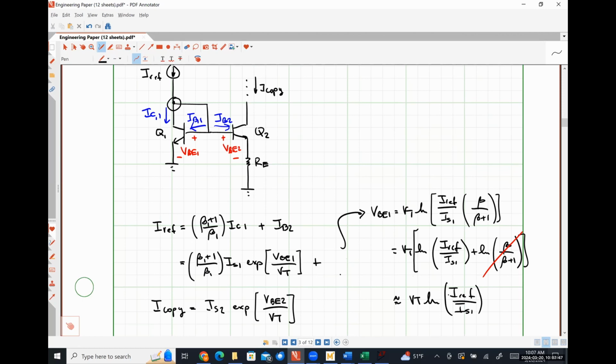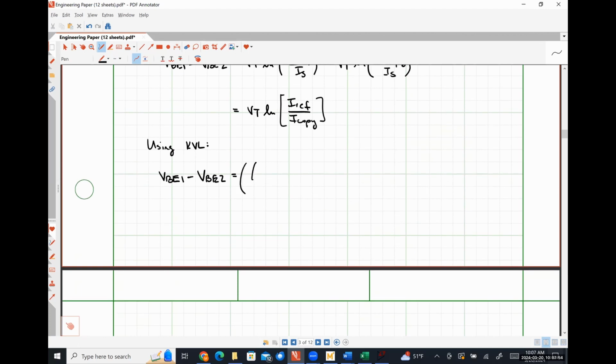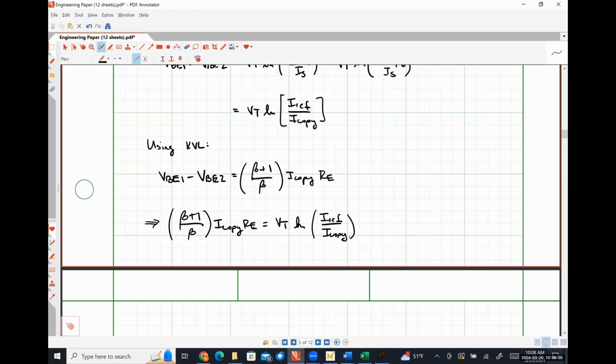I copy times beta plus 1 over beta. Putting these two things together gives us beta plus 1 over beta times I copy RE is equal to VT natural log of IREF over I copy.